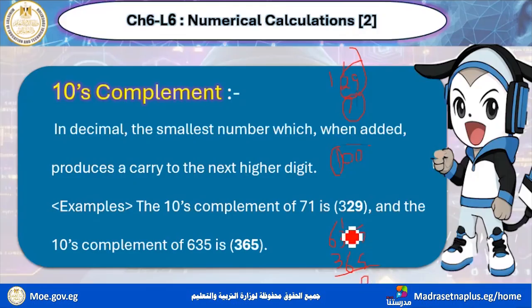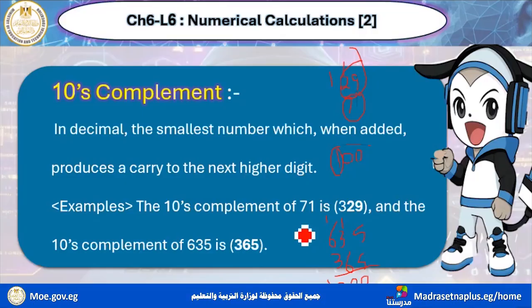Take a carry 1. 1 plus 3 plus 6 is equal to 10, 0. We have a carry to the next digit. 1 plus 6 plus 3 is equal to 10. So the numbers are carried to a next digit. Here the numbers are of 3 digits. The result number is of 4 digits, 1000.